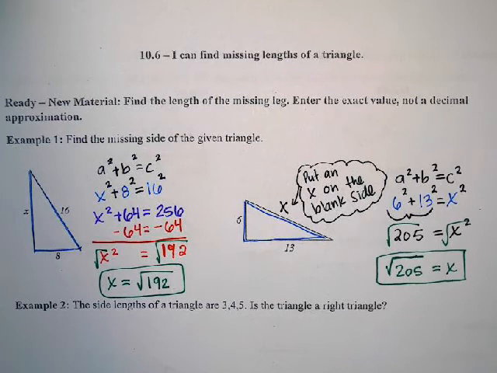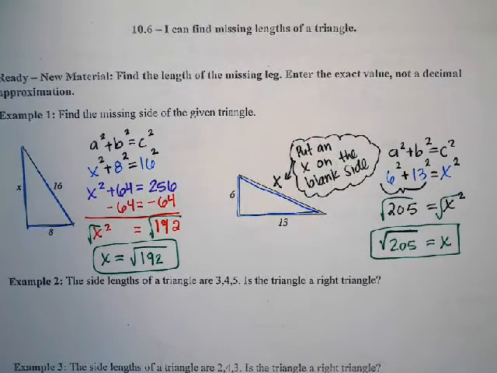Yeah, we're finding what it's equal to. That one was equal to 256. What was this one equal to? X squared. X was already alone. Yeah, X was alone over there, so I didn't have to move anything. On the left one, X had that 64, so we had to move it. It wasn't alone.